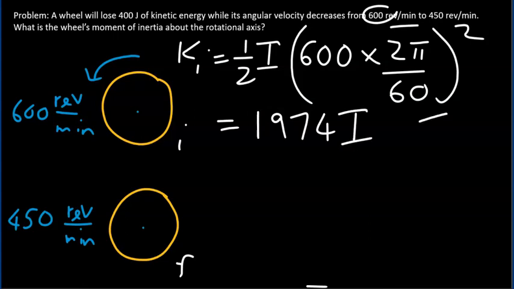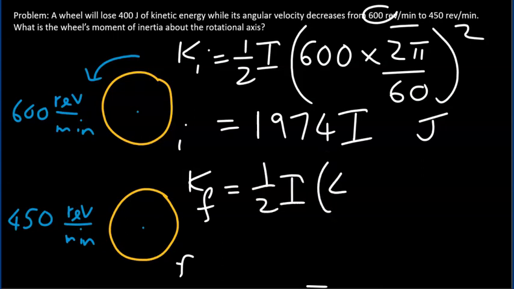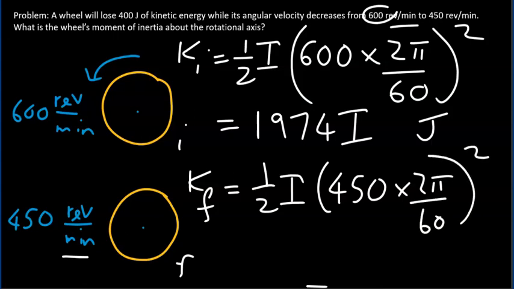And that will give you 1974 I in joules. Now likewise, the final kinetic energy is given by half times I, the moment of inertia that we want to determine, times 450 rev per minute. So 1 rev is 2 pi, and 1 minute is 60 seconds. And then you square that, and that's going to give you 1110 I joules.